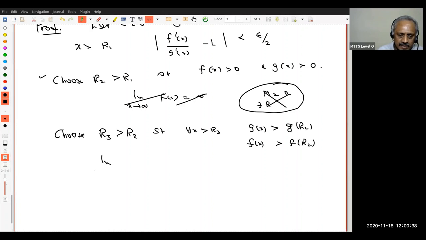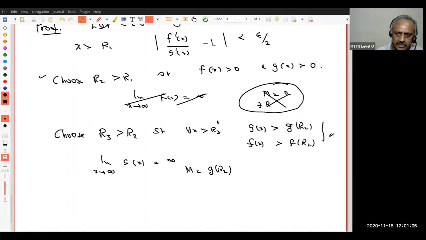Because limit as x tends to infinity of g(x) is infinity. Therefore, if I take M equal to g(R2), for sufficiently large R, if x is greater than R, g(x) must be greater than g(R2). So that R I am choosing as R3, greater than R2. Similarly for f, but choose the maximum of those two. Therefore, I get a single R3, which is greater than R2, so that both these things happen.